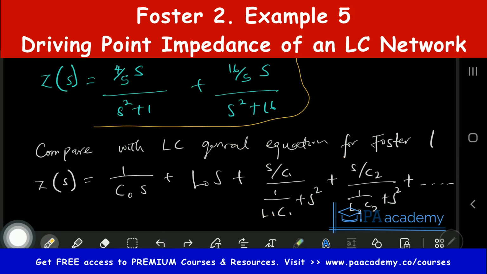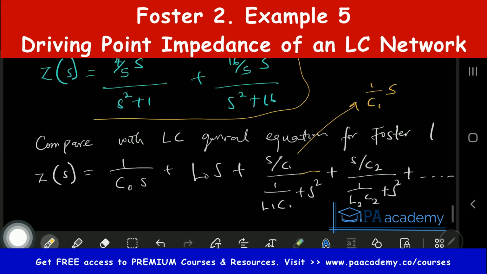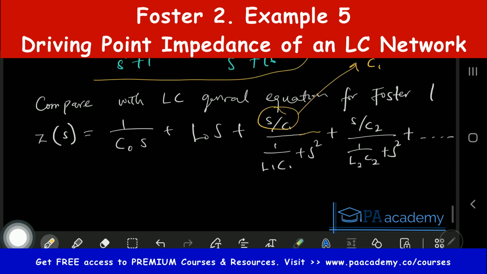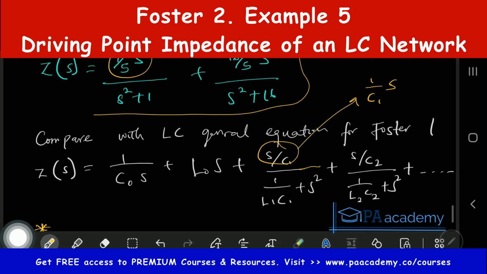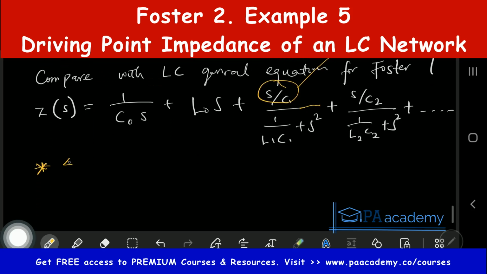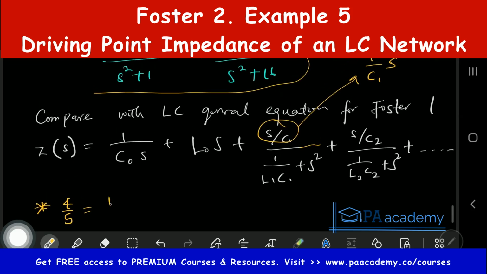Let me also explain something here, that this s over C1 is also the same thing as having 1 over C1s. With that being said, we are going to equate this to this. So this is 4 over 5 equals to 1 over C1.